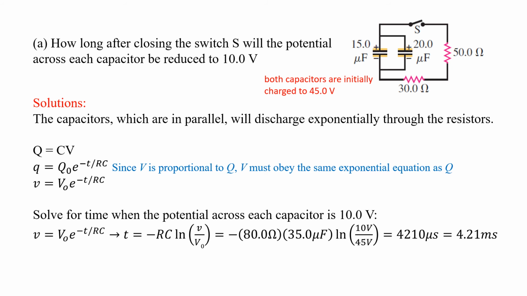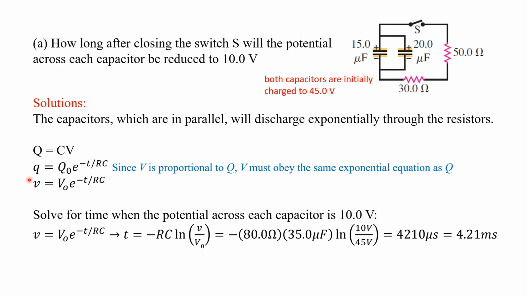So again, first you're asked for how long after closing the switch S will the potential across each capacitor be reduced to 10 volts. And as you can see, the capacitors, which are in parallel, will discharge exponentially through the resistors that are in series. So you can actually just simplify this one with having one capacitor and then one equivalent resistor.